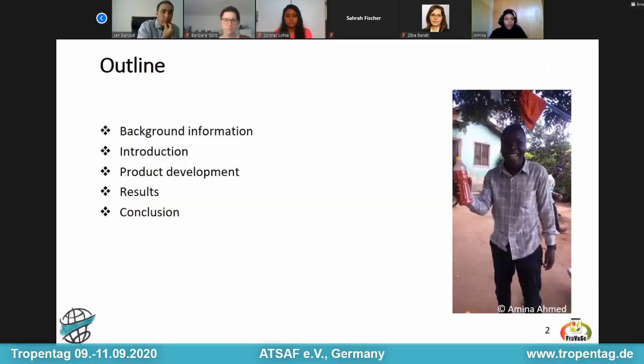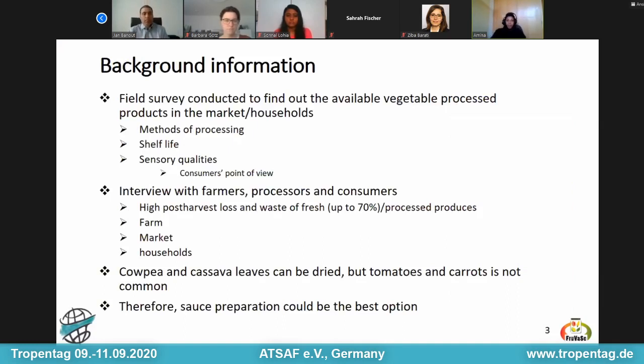So here is the outline. To start with the background information, the project is specifically dealing with fruits and African leaf vegetables. So how did we come up with the tomato and carrot products in this project? We conducted a field survey to find out what processed vegetable products are available in the market or in households, specifically looking at the methods of processing, shelf life, and sensory qualities from the consumer point of view.